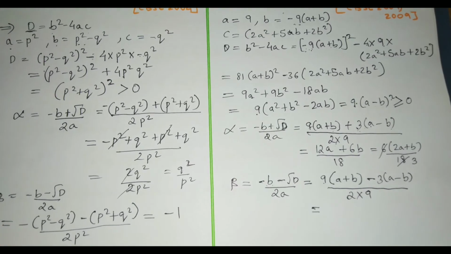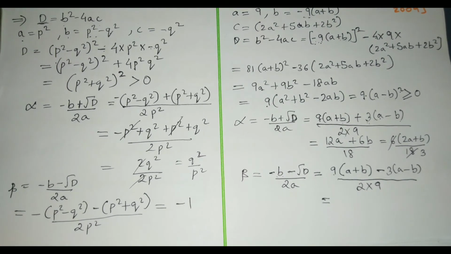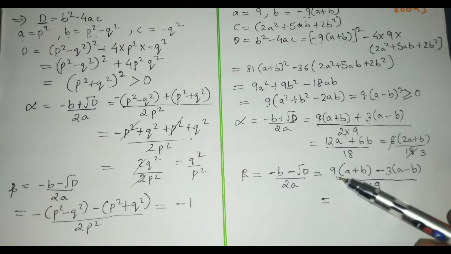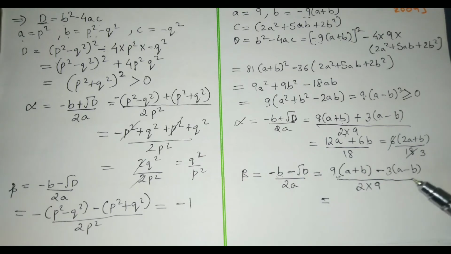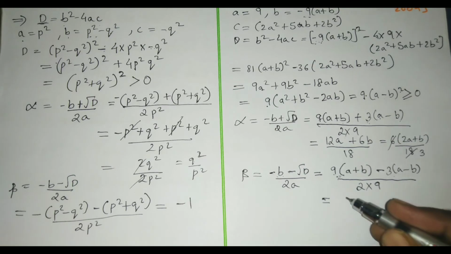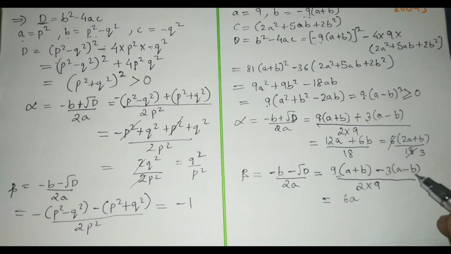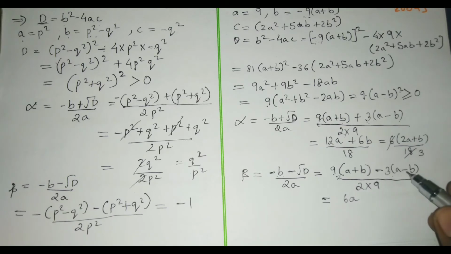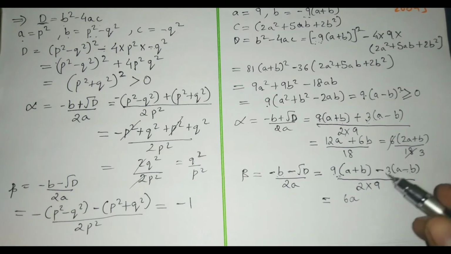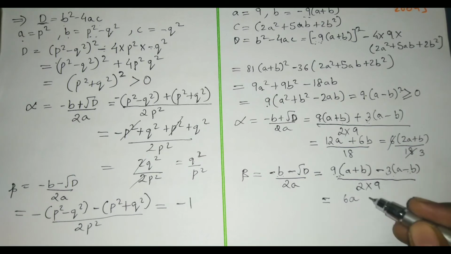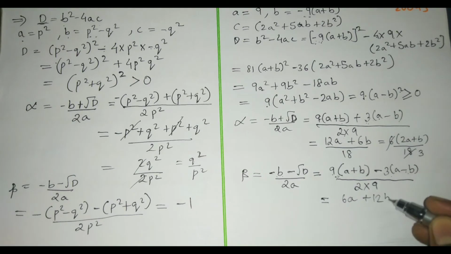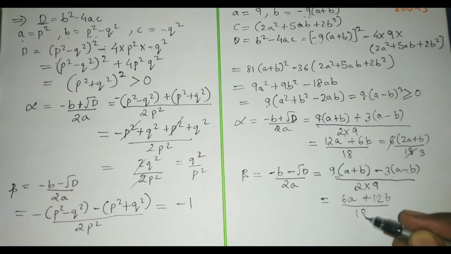So you will get 9a, here 9a is there, here minus 3a is there, so it will become 6a, right? 9b, this is minus into minus, plus 3b, 9b plus 3b, 12b by 18.